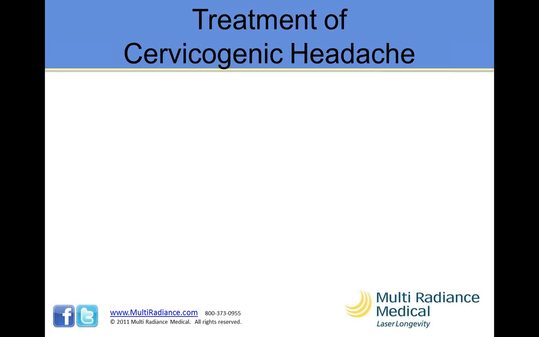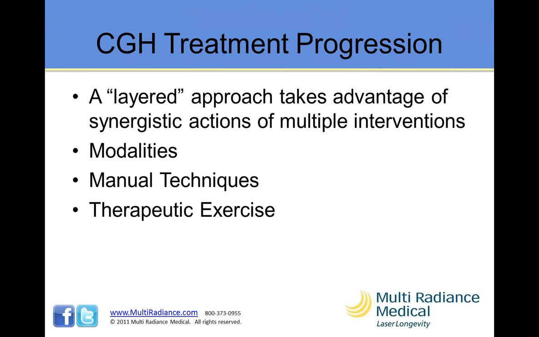So with the understanding of a good assessment to help with a differential, to make sure that we are actually dealing with someone who has a cervicogenic headache, now we need to talk about the best way to treat that patient based on what we know in the literature. What I tend to do, as I mentioned before, with chronic musculoskeletal pain, is we have a step-by-step approach to our assessment.